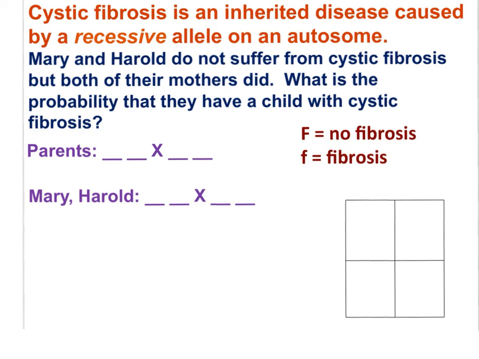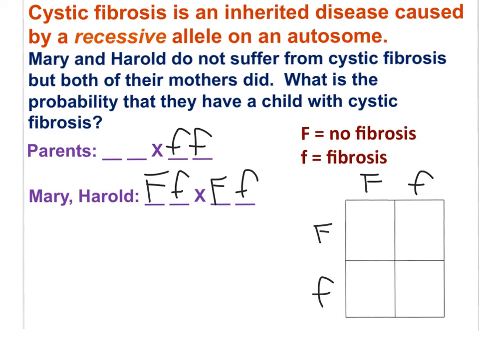We know that both Mary and Harold do not suffer from cystic fibrosis, so Mary and Harold each have a dominant allele. We also know that both of their mothers had cystic fibrosis, which means that the mother was homozygous recessive. That automatically means that both Mary and Harold are heterozygous. We can put their alleles in here following meiosis.